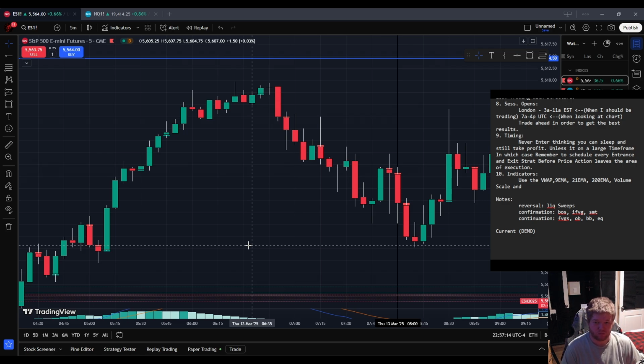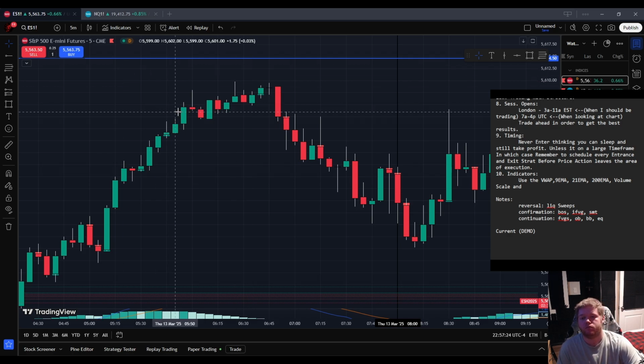This candlestick right here. Maybe it's not right there, because we have a higher low here but a lower low here. Maybe this right here was the break of structure, right? And as a result, our order block would have been this right here.